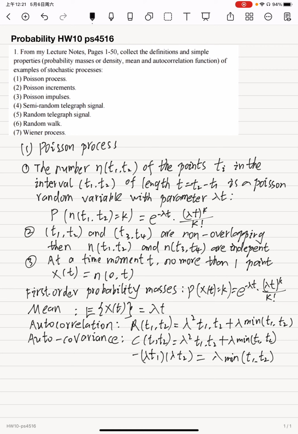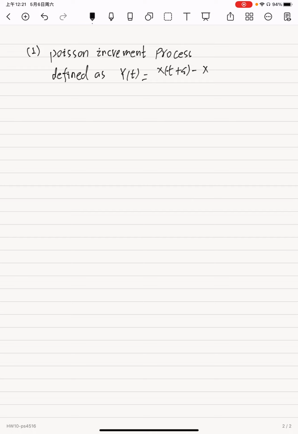Okay, this is the first one, the Poisson process, and then the second one, the Poisson increment process, which is defined as Y(t) equals X(t plus epsilon) minus X(t), divided by epsilon, where X is the Poisson process.